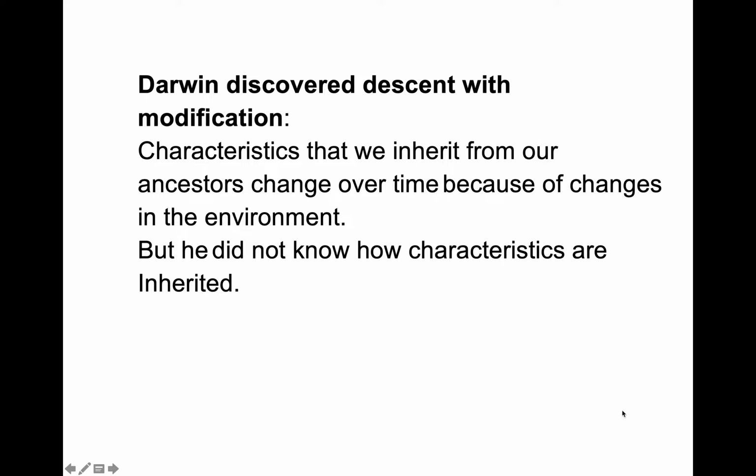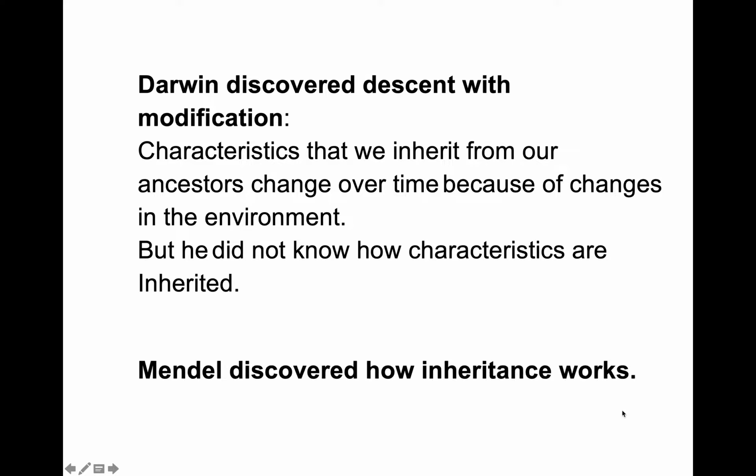Darwin discovered and described the concept of descent with modification, which basically said that we inherit characteristics from our ancestors, and those characteristics that we inherit change over time because the environment changes. But one thing that Darwin didn't know was how these characteristics are inherited.